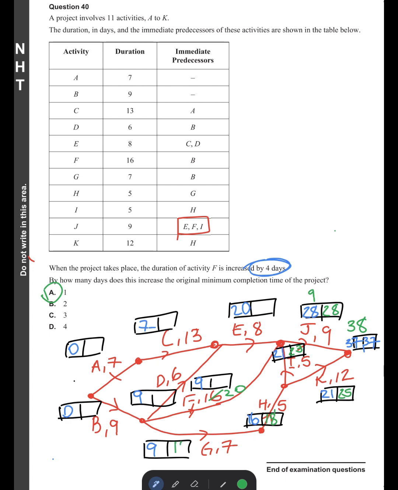It's going to be 11. And then 28 minus 16 is going to be 12. So we can see that that has a float time of 3, which means that if you increase it by 4, it's just going to increase the whole thing by 1 day because the float is 3 already.